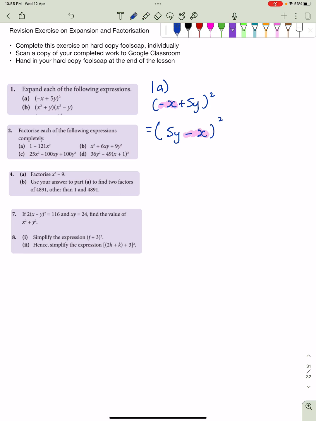The minus x still remains as minus x, but it becomes easier, right? So this one will be just a squared, and minus 2ab plus b squared. Alright, and then the answer will look something like that.